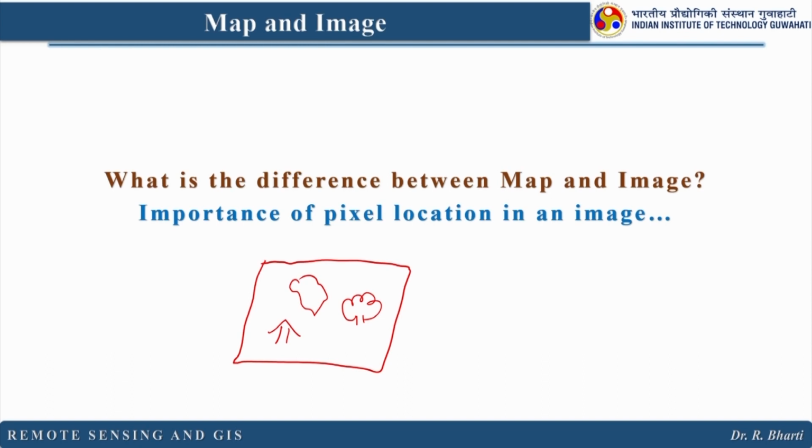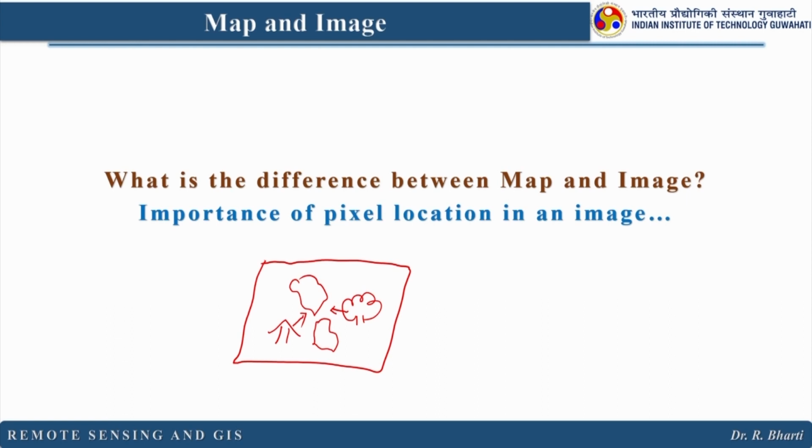This tree will be closer to this water body, or this house can move a little bit closer to this water body, or this water body can be shifted here. So in any image or map, the location of the pixel is very important.